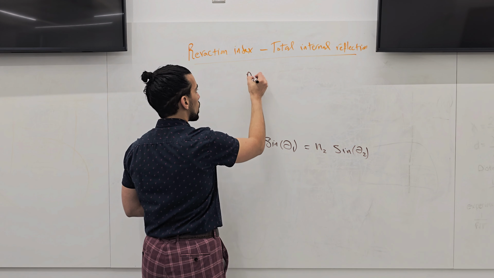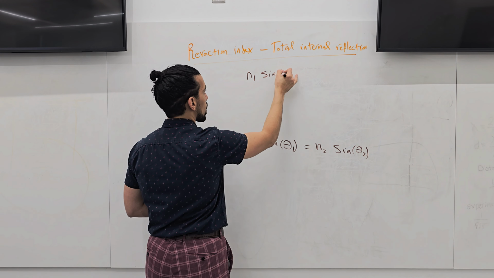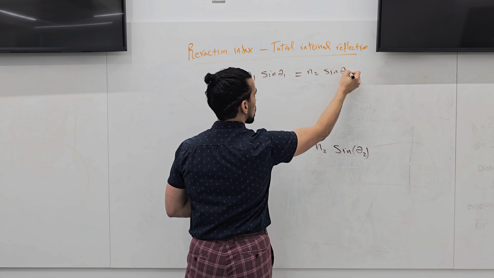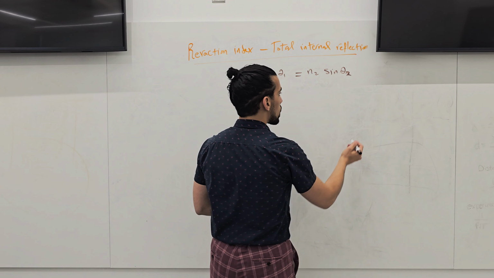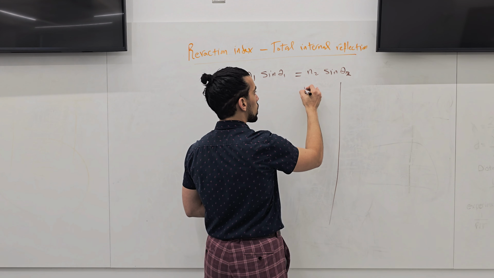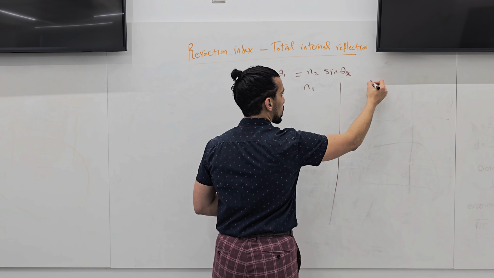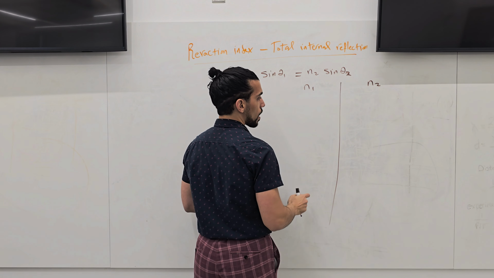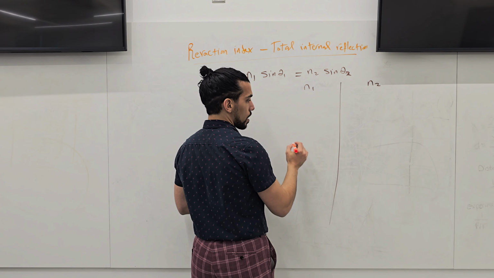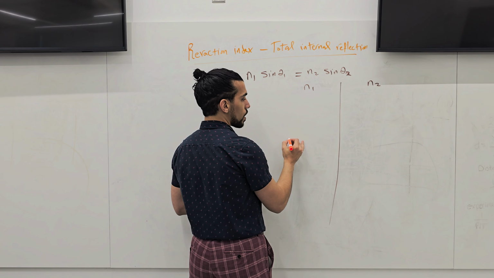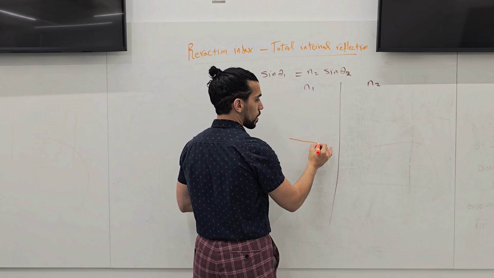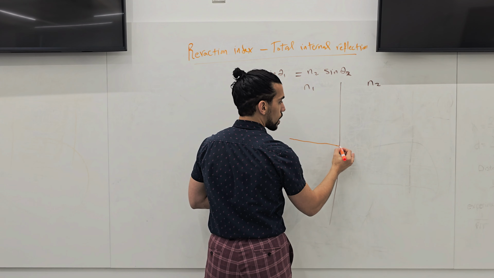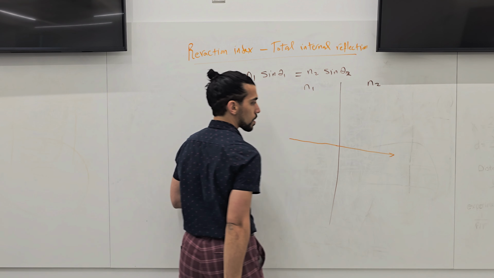So let's start from here: n1 sine theta 1 equal to n2 sine theta 2. Let's say that we have two different materials, a material with refraction index n1 and a material with refraction index n2. If the light is going from material 1 and going perpendicular to the surface of the other material, the light is going to go through without any problems.